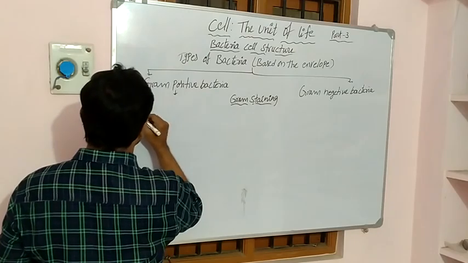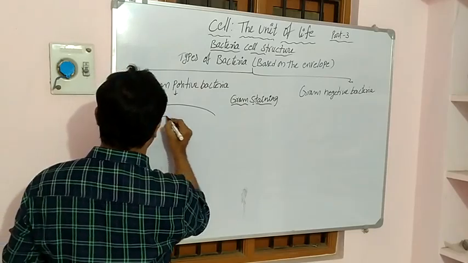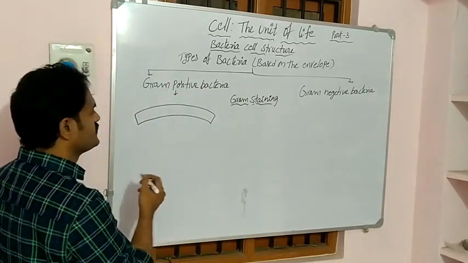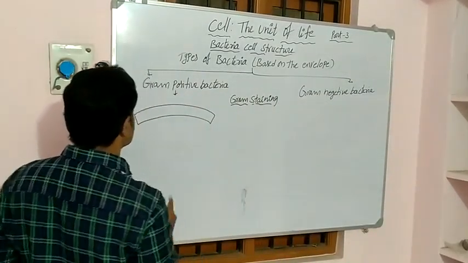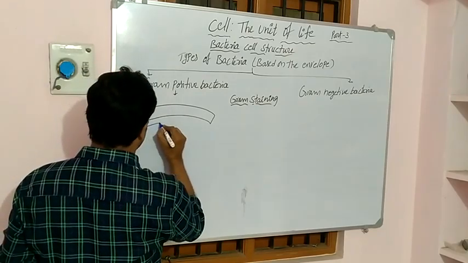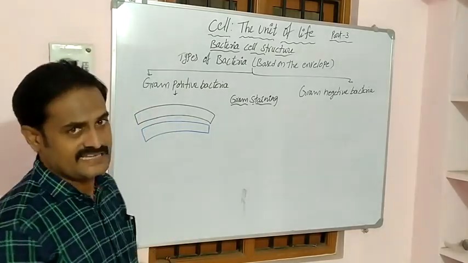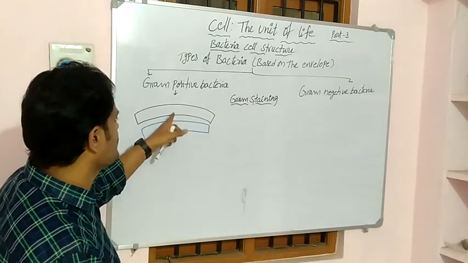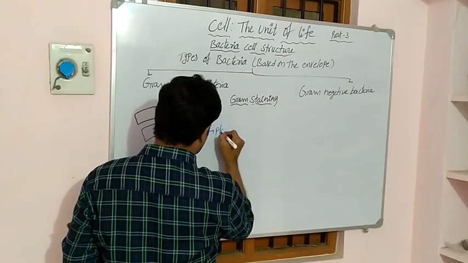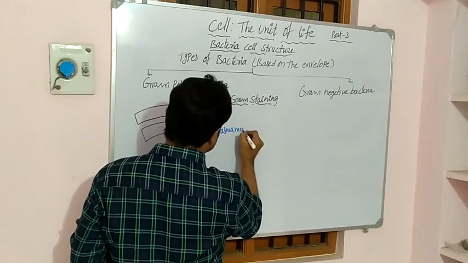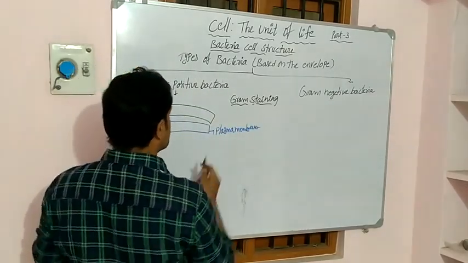We take two membranes, no need for the outermost membrane, so I will draw only two membranes. One is the outer membrane and the second is the innermost membrane, like this. No need for glycocalyx in gram staining. The innermost membrane is called the plasma membrane and the outermost membrane is called the cell wall.